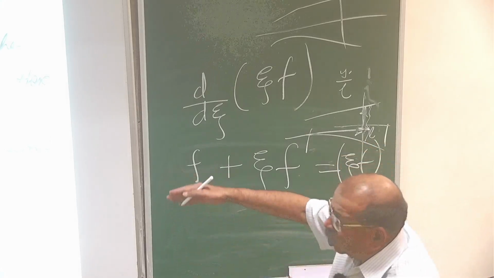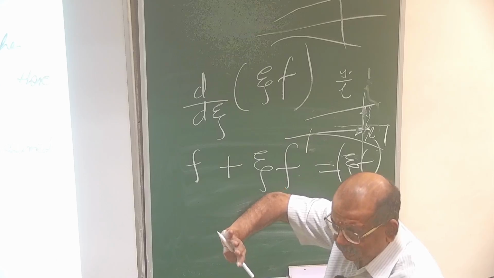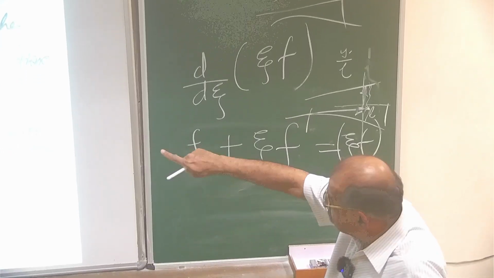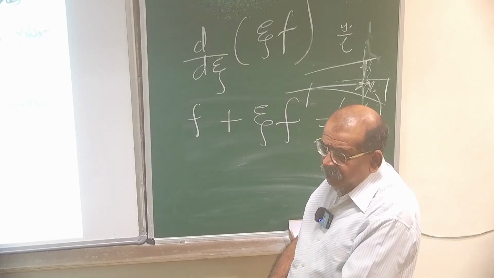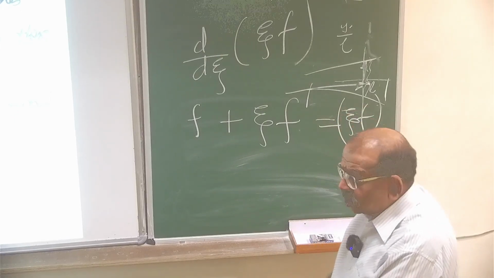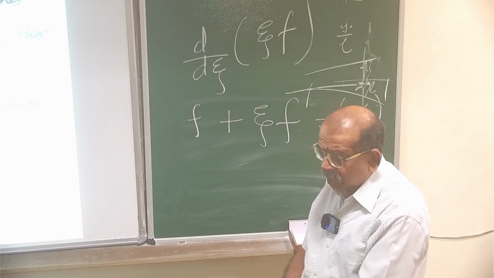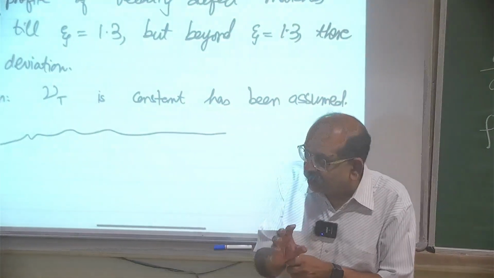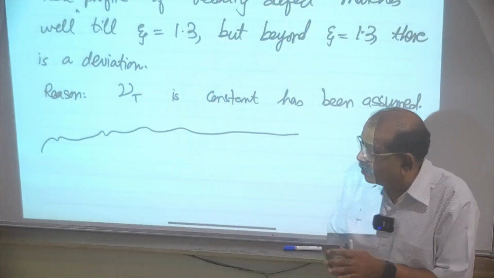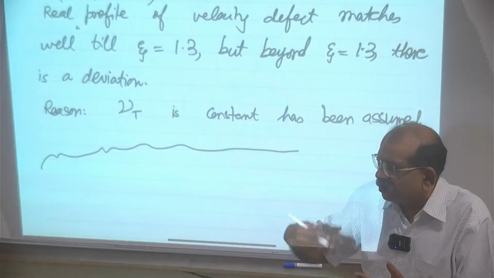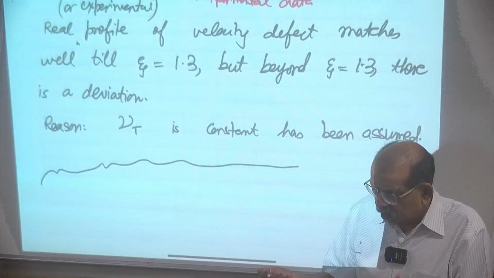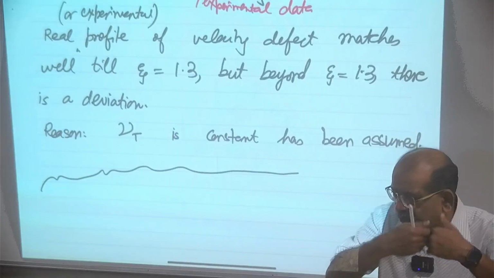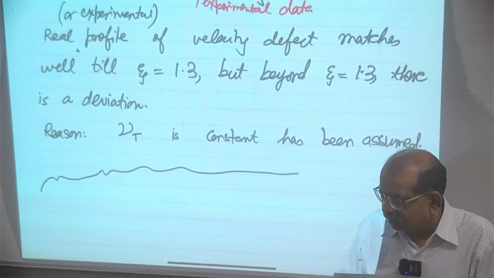That is a small deviation, the shape is still the same. The reason is that we have assumed nu t is constant. Now nu t is the ratio of u prime v prime to the mean velocity gradient du by dy.